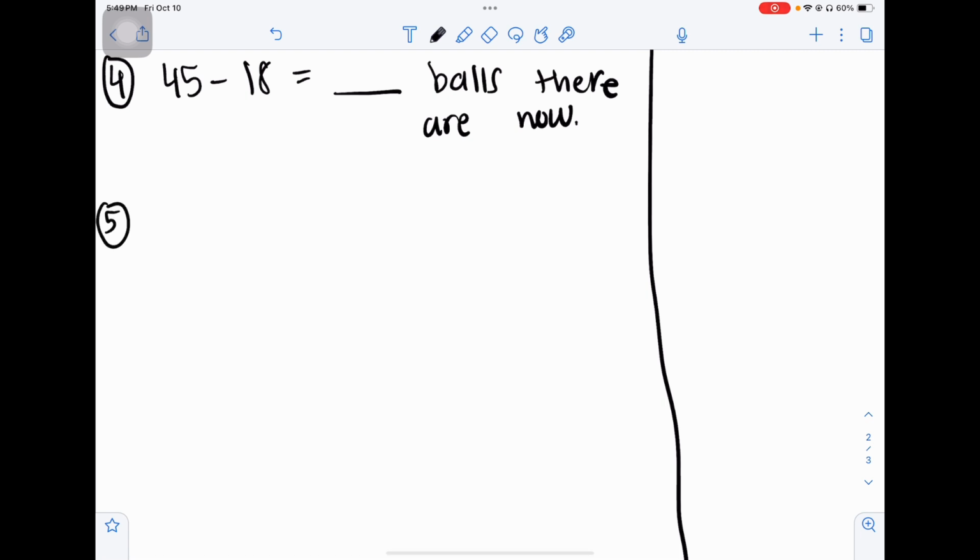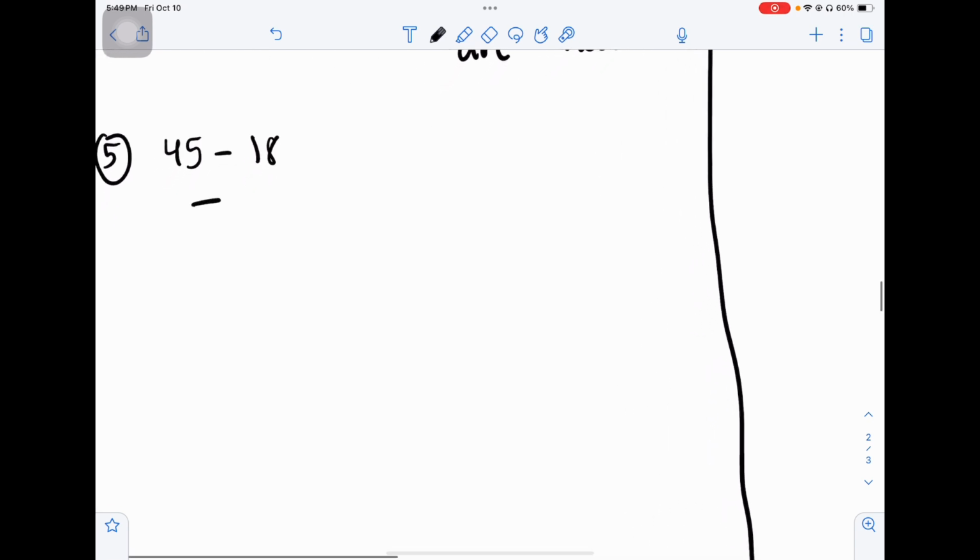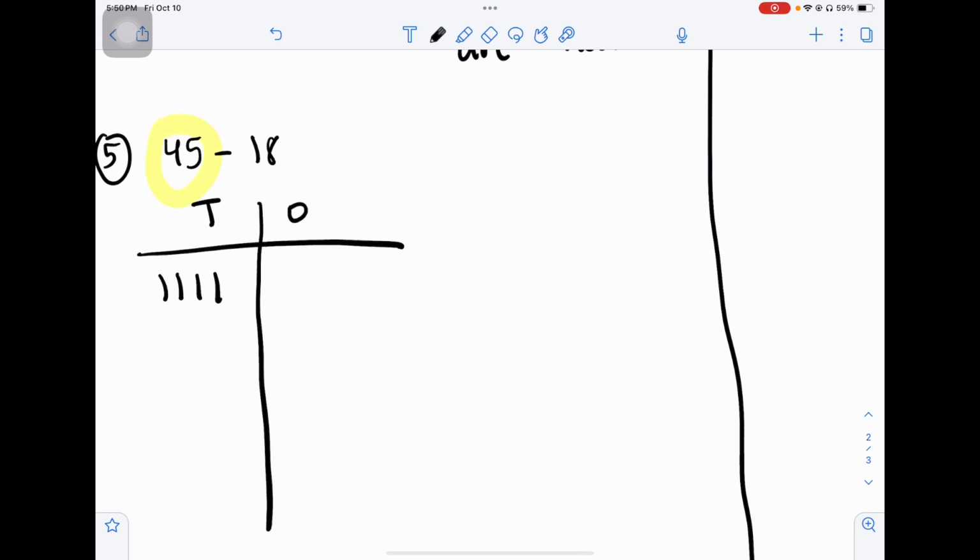Now I'm going to go to solve. So I'm going to solve the problem. So I'm going to restate the number sentence, and I'm going to solve it. Remember, I'm going to do a pictorial model. That is the easiest one to do. Okay, so now I'm going to think to myself, can I take 8 away from 5? No, I cannot. So I need to regroup. I have 2 less.